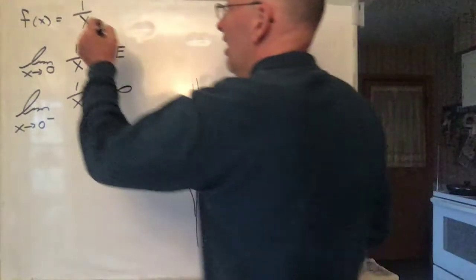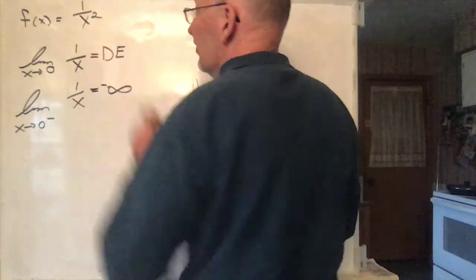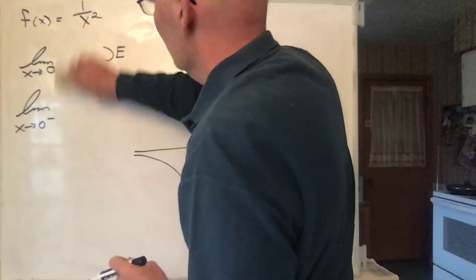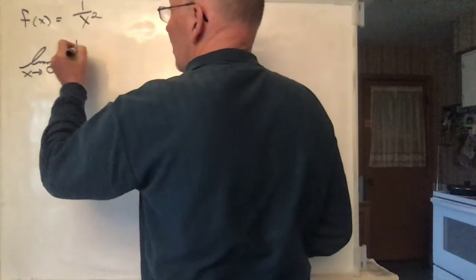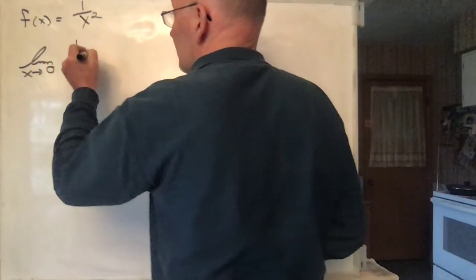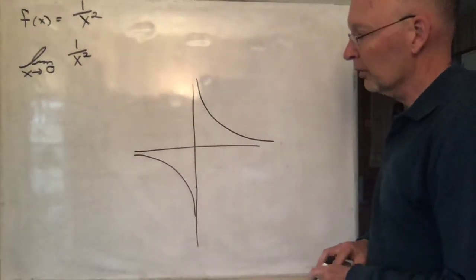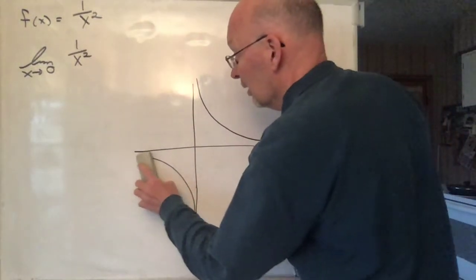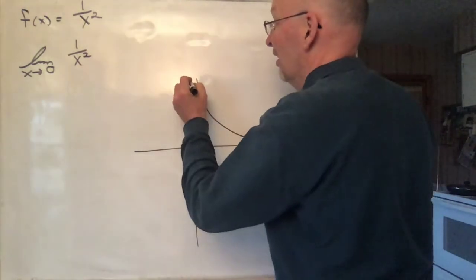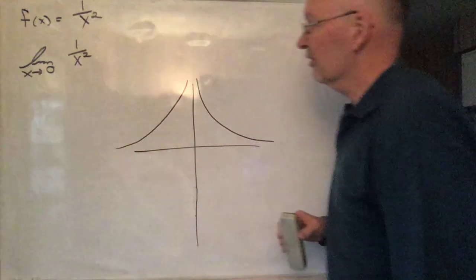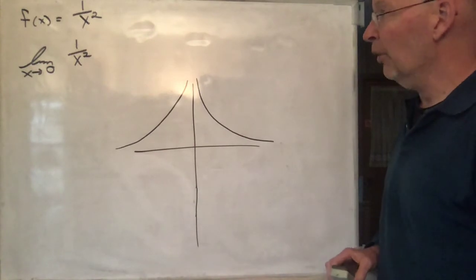Okay? What if we change this to 1 over x squared? How does that change things? Well, recall what the function looks like. It looks like that. It blows up on both sides.